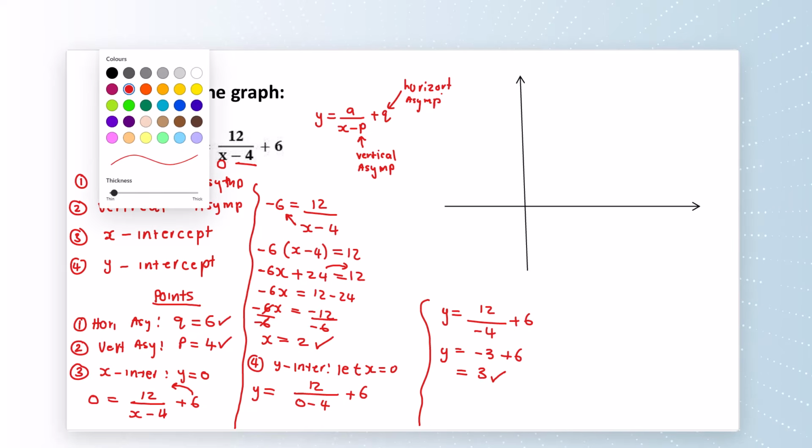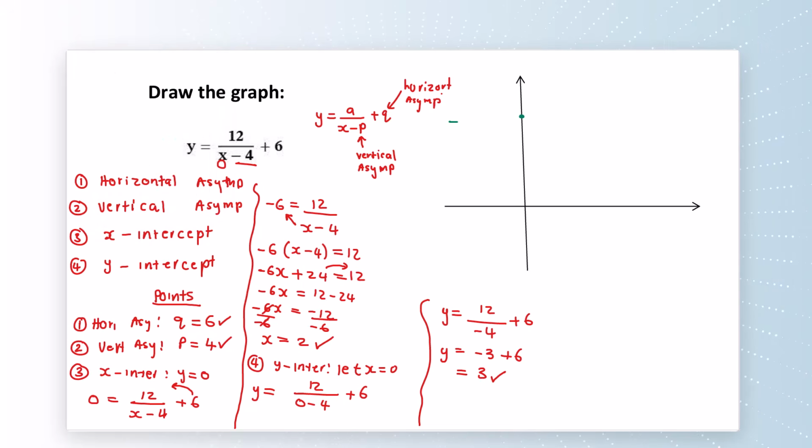Let me change the color. Green. Fine. Start with your asymptotes. It makes things very easy. So horizontal, it's 6. I'll just go ahead and put 6 there. And then this is how we plot the asymptote. We use a dotted line. Okay, that's a restriction. We never touch that line as we plot the graph.